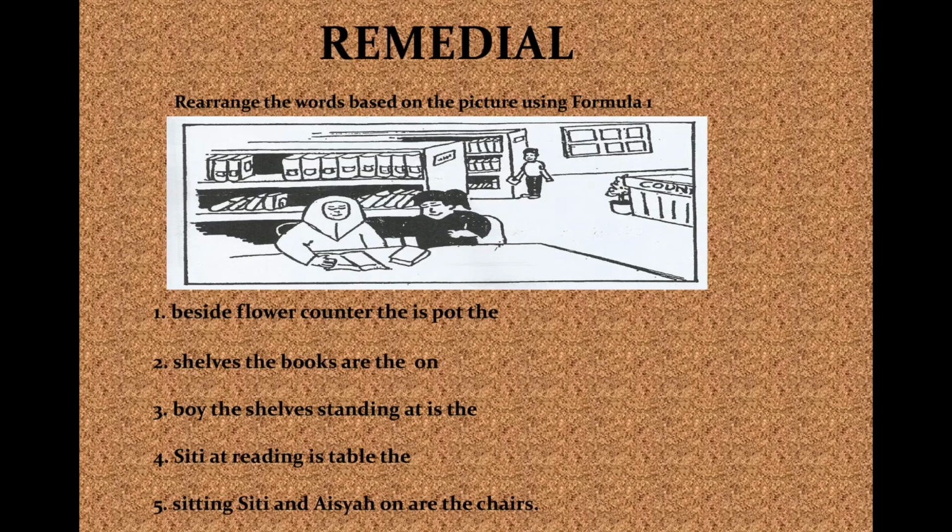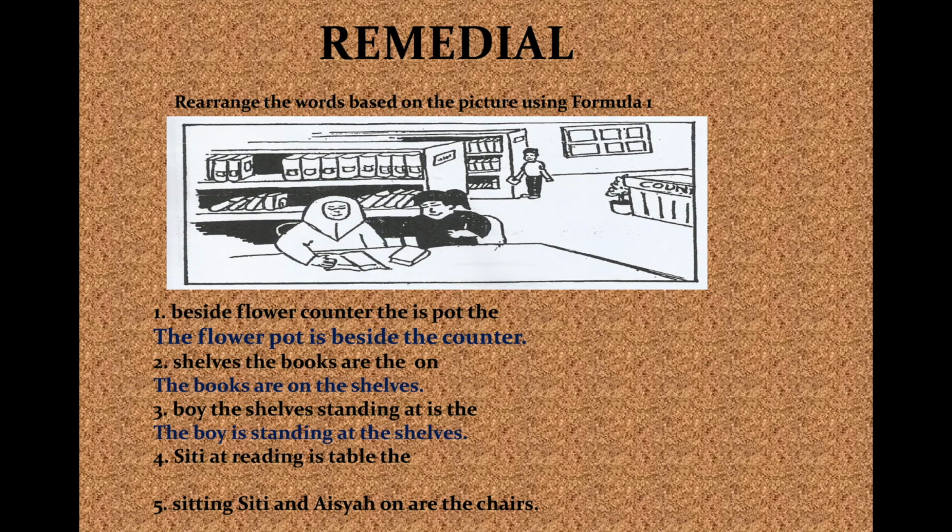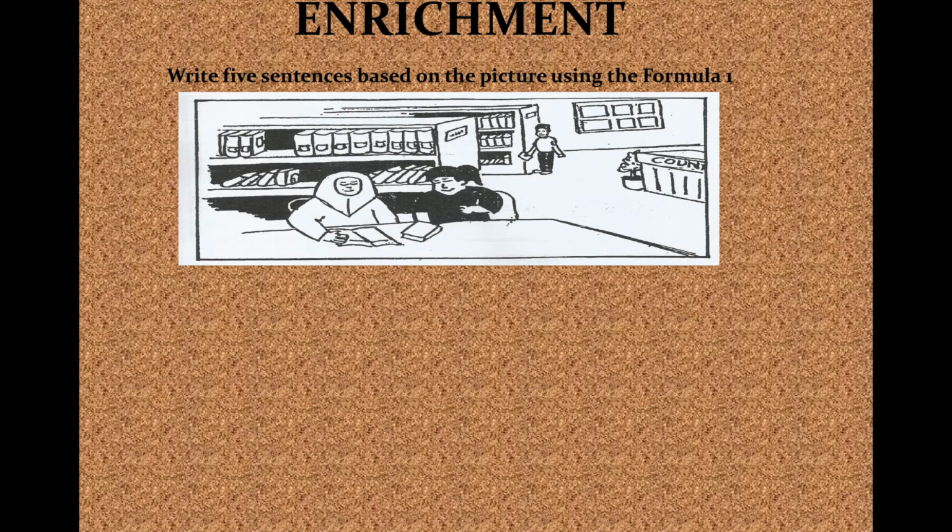To wrap up what you have learned today using the Formula 1 method of writing, let's do some remedial activities to enhance your understanding of the use of Formula 1. Let's see the answers. Now, let's do some enrichment activities to enhance your understanding once again of the use of Formula 1.